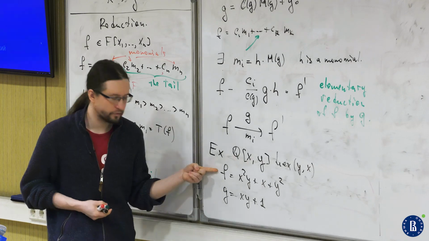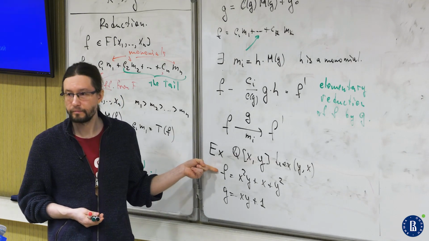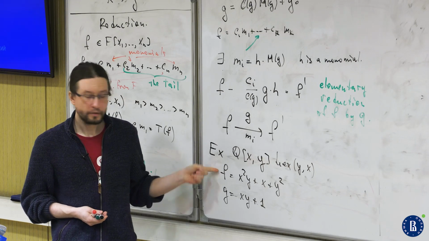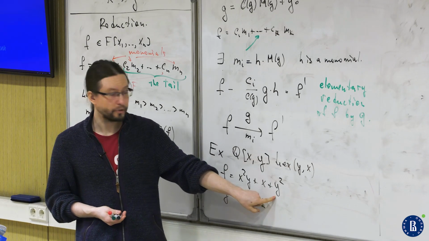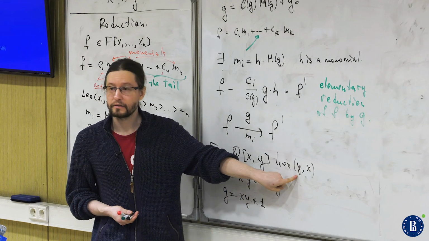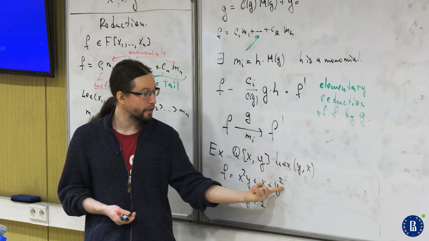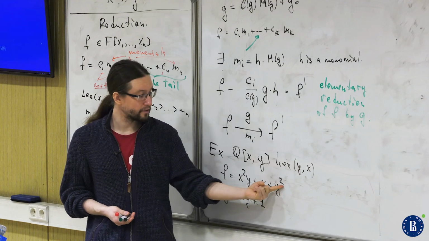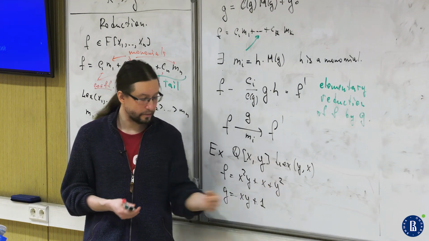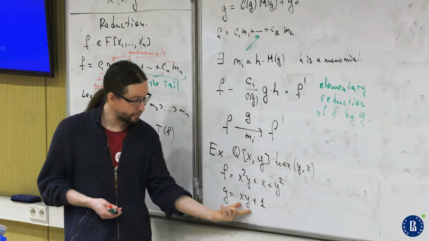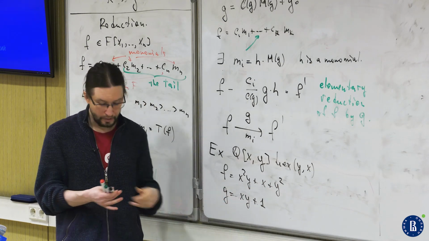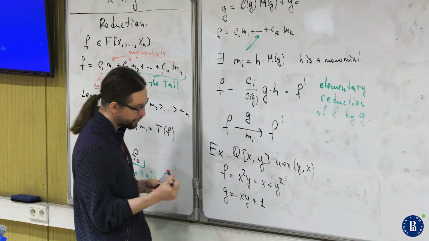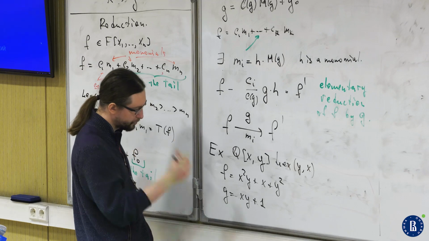Well, what is the highest term of f? y squared is the highest one. Because since y is the highest variable, we should check the power of the highest variable first. So here is the highest possible, so this guy is the highest one. And the highest term of g is xy. Let me write down some coefficients here because it won't be interesting without coefficients.